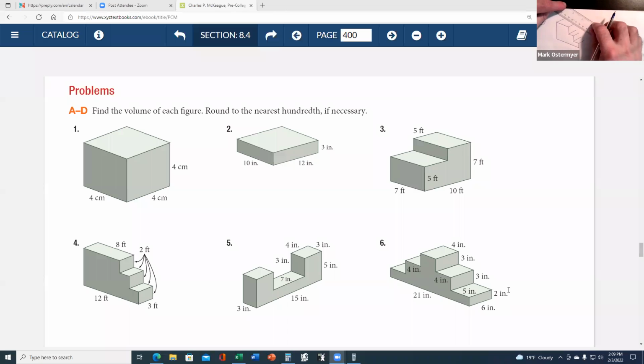All right, let's see. We're almost done here. Okay, hold on. Oh, it takes a while to draw this picture. All right, I think I almost got it.